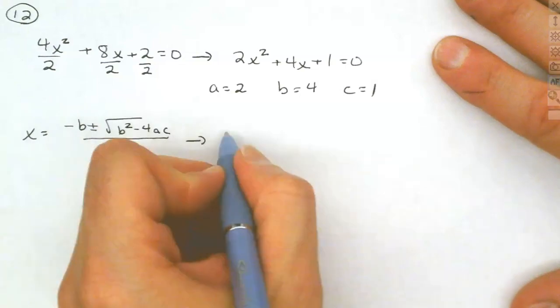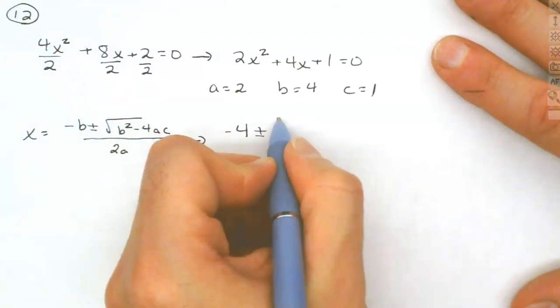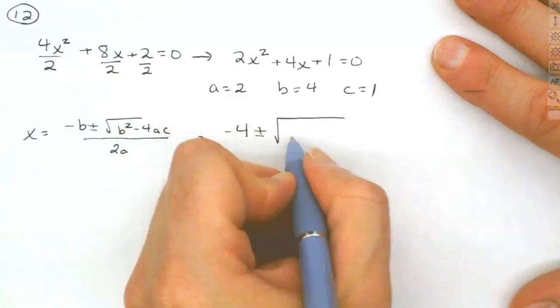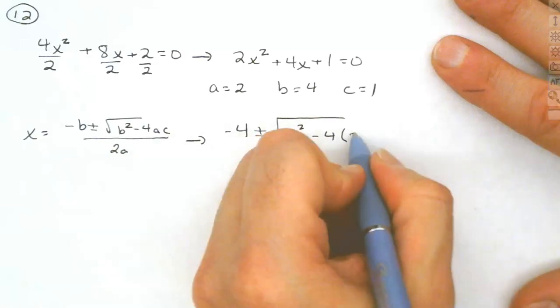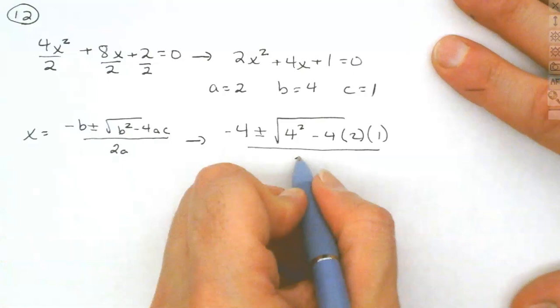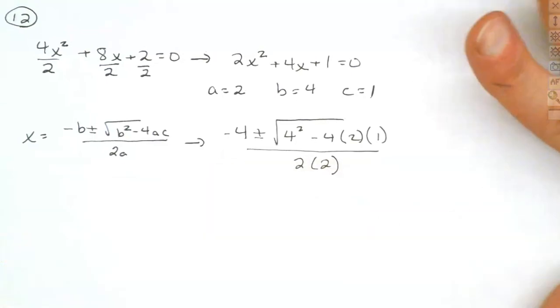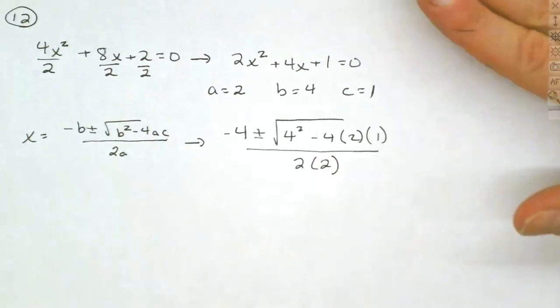So plugging that in, that's going to be a minus 4 there, plus or minus the square root of 4 squared minus 4 times 2 times 1, all over 2 times 2 there. Reduce it down.